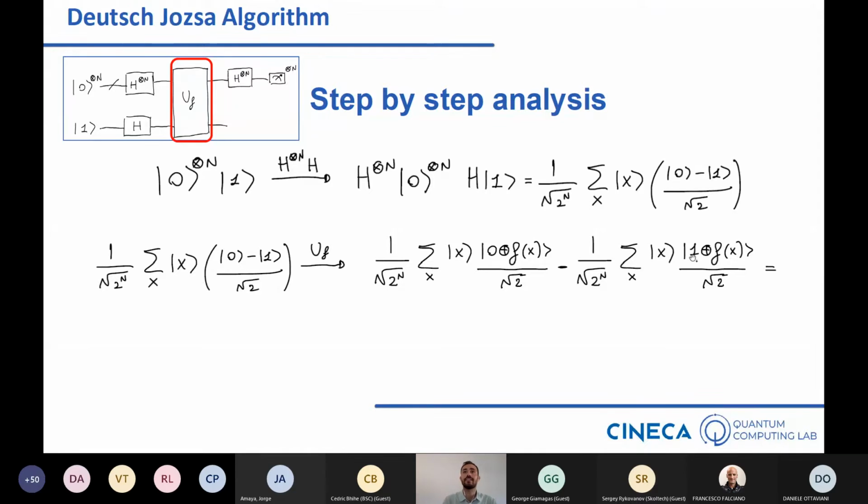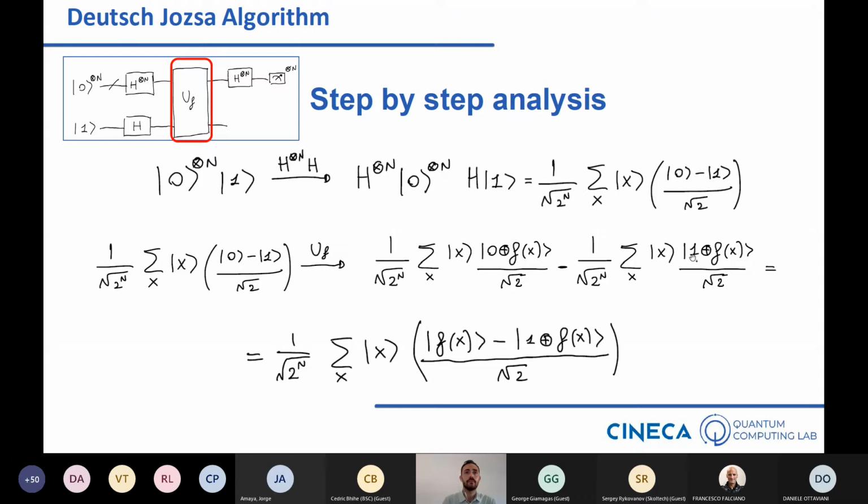Again, you can rewrite this in this way. Maybe it's easier to see it from here than from this passage here. When you apply U of f, you transform this qubit register into f of x plus 0, minus 1 plus f of x.